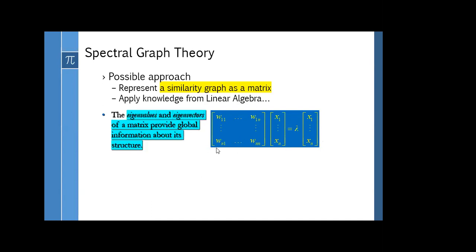The weight matrix might not be symmetric, okay? And then we have the first problem. If I calculate eigenvectors and eigenvalues of a non-symmetric matrix, I might get complex conjugated eigenvalues and complex eigenvectors.